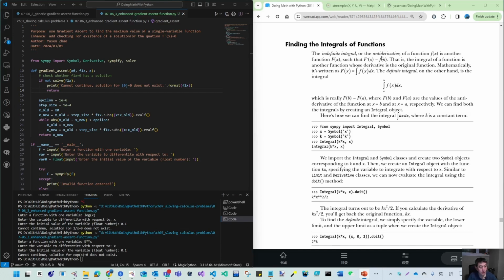From the definition, we have a function f(x), and another function capital F(x), and the derivative of capital F(x) is small f(x). That means the integral of a function is another function whose derivative is the original function. Mathematically, it's written as big F with the integral symbol, then f(x) dx, where d means the derivative.